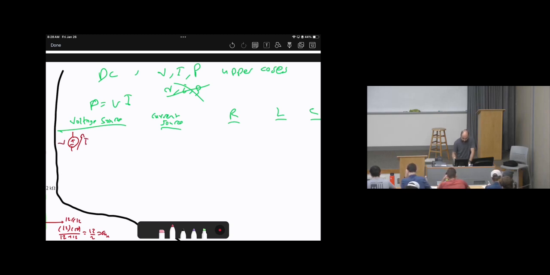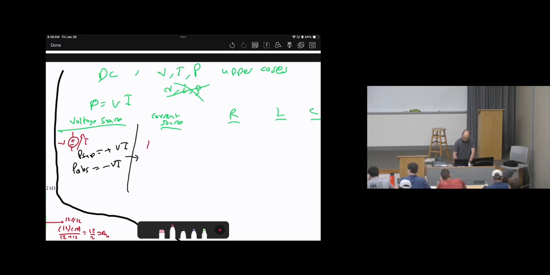Therefore, the power supplying is positive V times I. And if we talk about absorbing, it will be negative V times I. Okay? Current source, the same thing.